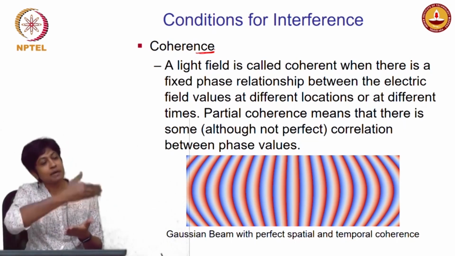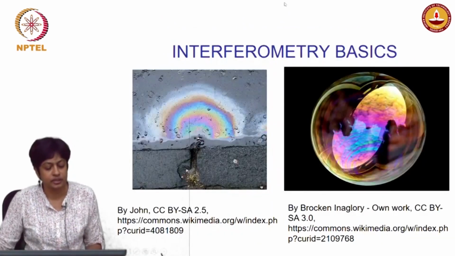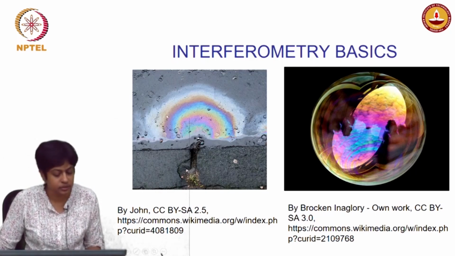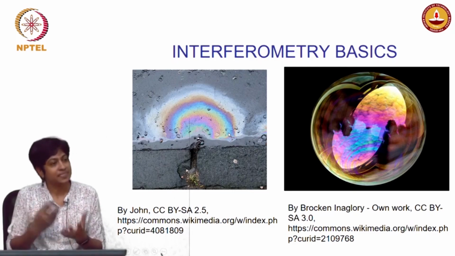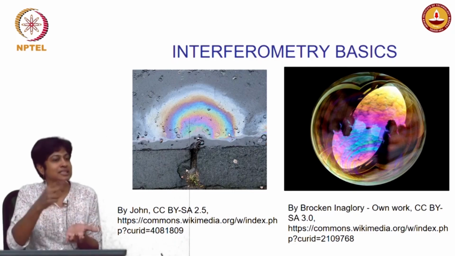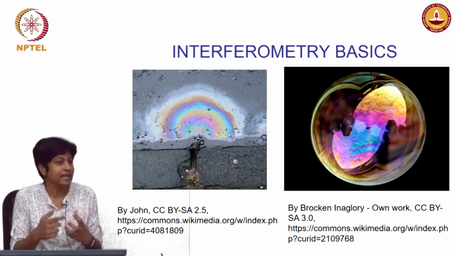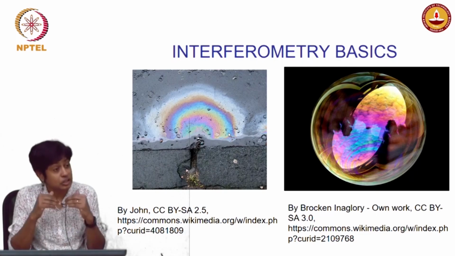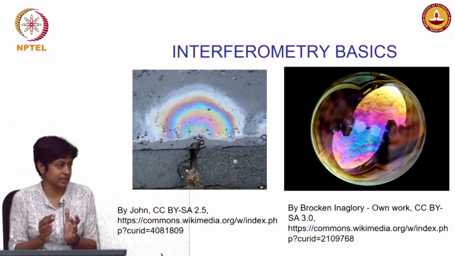If you see this image over here, you have one region which is all blue, another region which is all magenta, another region which is all one particular color. That means some condition is satisfied in that region for that wavelength, and that's why that wavelength has become visible to us. Okay? And that condition is not satisfied for the other wavelengths in that region.